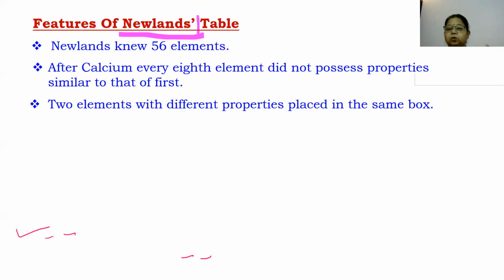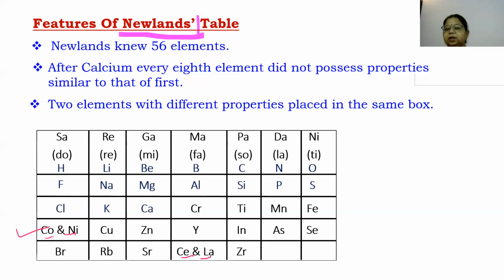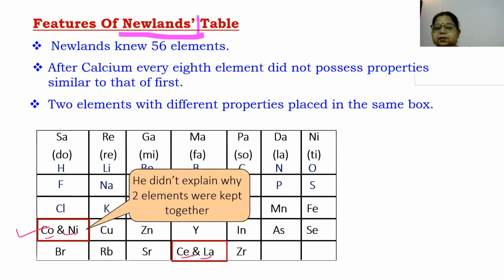And then two elements with different chemical properties were kept in the same box. Like the properties of cerium and lanthanum do not match, but they are kept in the same box, right? So these are certain drawbacks.